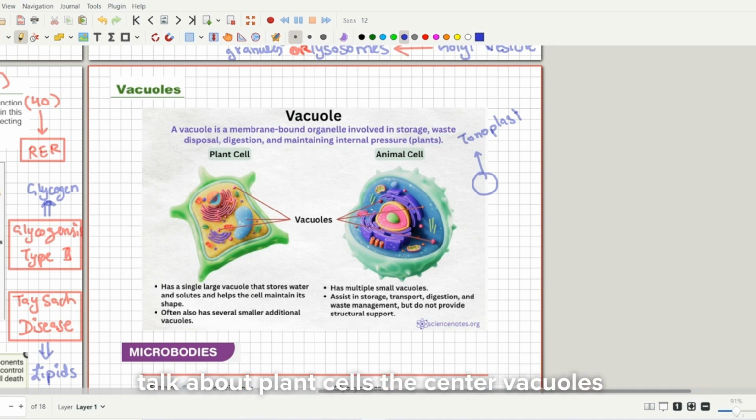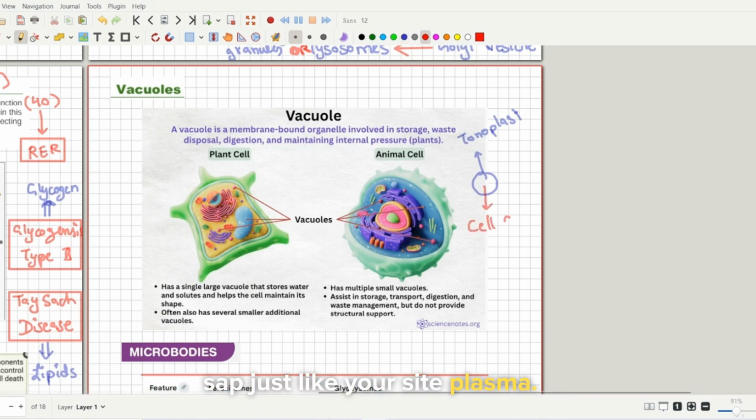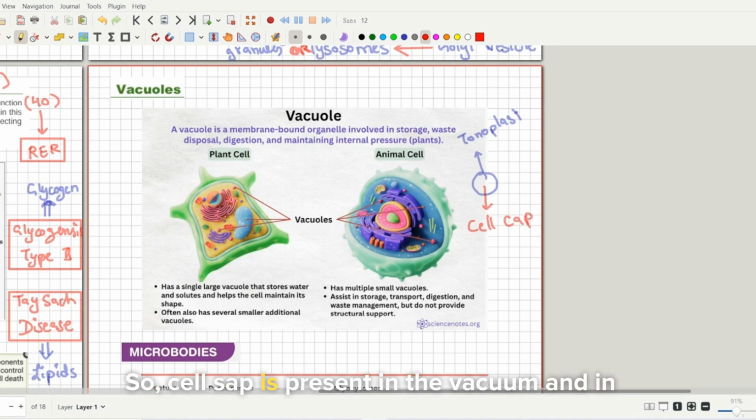If we talk about plant cells, the central vacuole also contains, in the center, what is called cell sap, just like your cytoplasm. So cell sap is present in the vacuole, and in plant cells it contains inorganic ions or metabolic intermediates. They also expand the plant cell without diluting the cytoplasm.